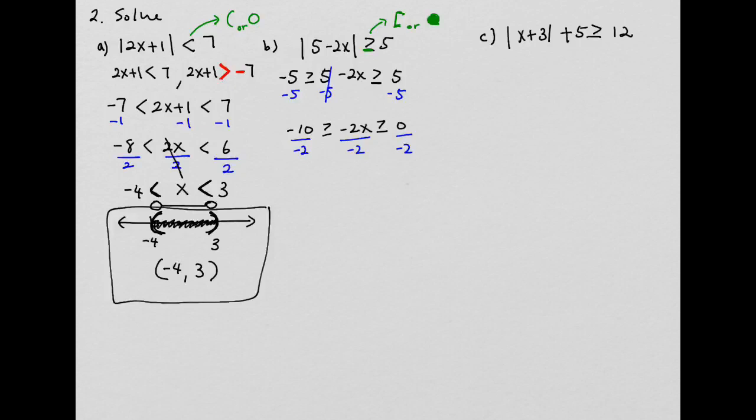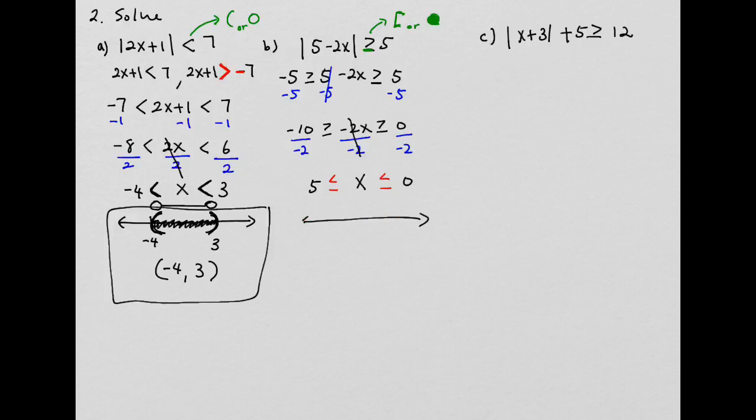And remember, with absolute value inequalities, when you're dividing by a negative number, you change your inequality directions. So now these become opposite directions. And let's see, what do we have in the middle? It will be just x itself. Negative 10 divided by negative 2 is 5. 0 divided by negative 2 is still 0.